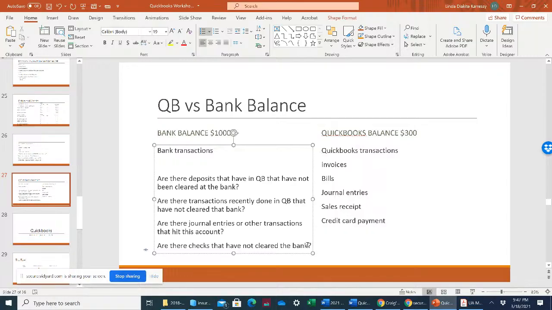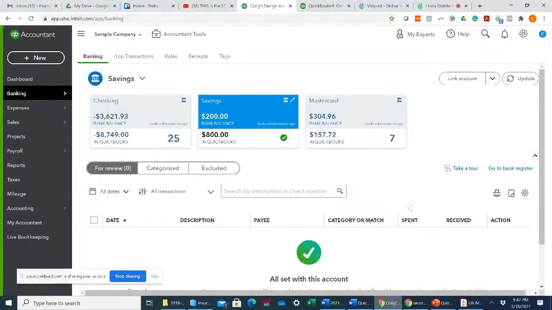That possibly could mean that there are checks, there are payments that were entered in QuickBooks, but they have not cleared the bank. That could be a possible reason. Also, once again, are there transactions such as journal entries or something else that hit that account? But if you know that you haven't been doing too much and it's still off, take a look at it. There are different ways you can do this.